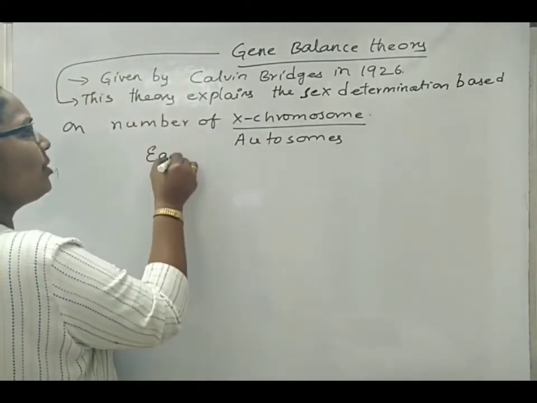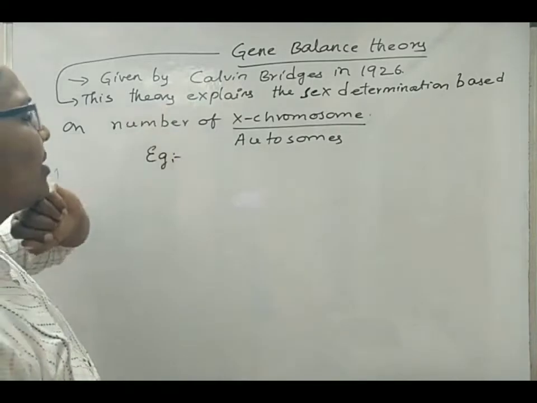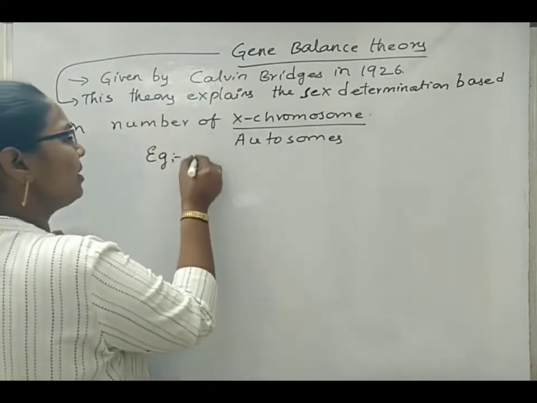Here example, in which organism was this gene balance theory explained by Calvin Bridges?